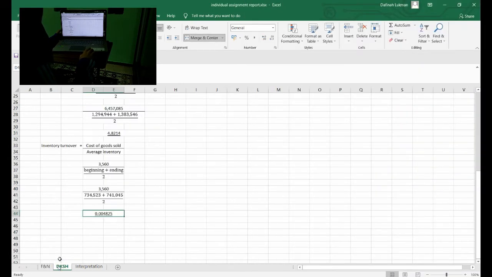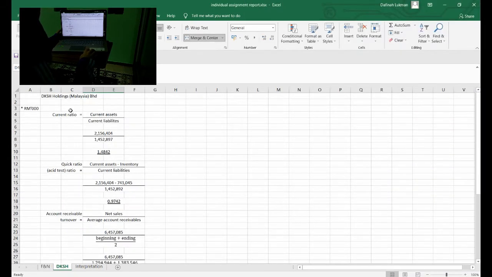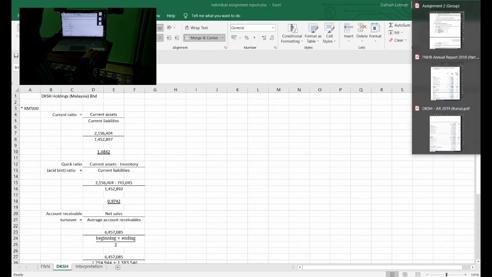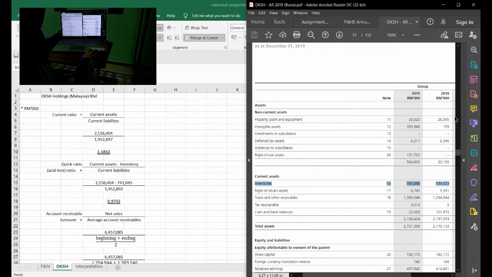Moving on will be DKSH Holdings Malaysia Berhad. Again, the calculations below are done with RM1000. For the current ratio, again the formula is current assets divided by current liabilities. Okay, so this is the DKSH annual report.